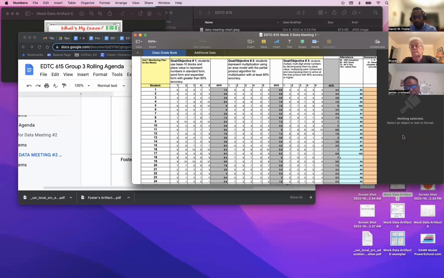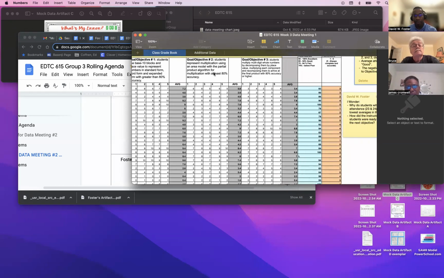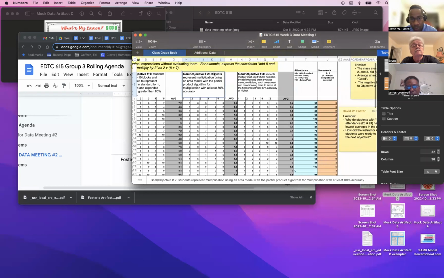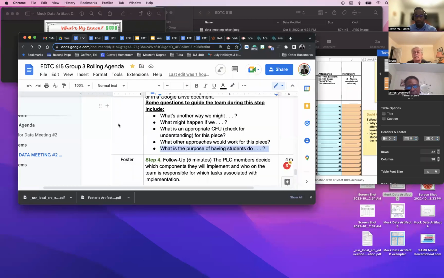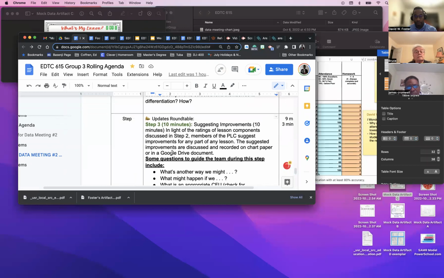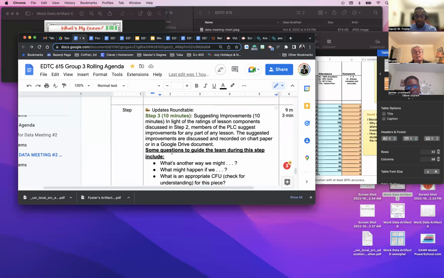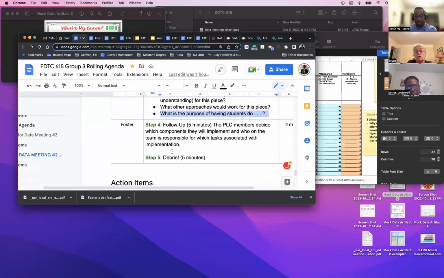Just for my personal reference, I should be aligning this artifact with goal objective number 2, not 1. I just want to put that caveat in there upon further reflection. All right, so we got through step 3. We have successfully suggested improvements in light of the components discussed in step 2 of yours.